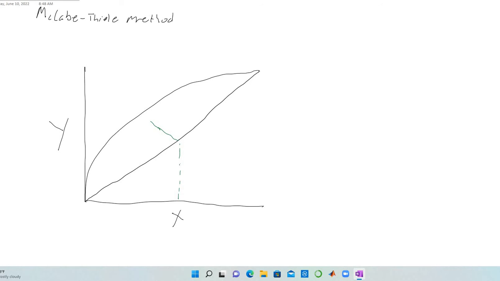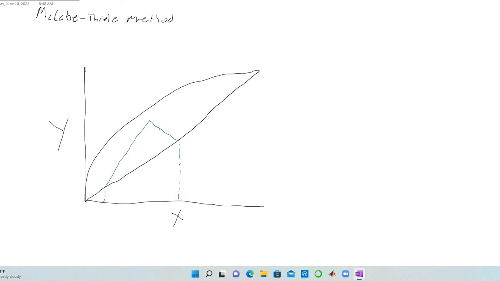Our next line is the stripping section operating line. It's going to start at the bottoms composition. The bottoms is what's coming out of the boiling flask at the bottom of the column. It starts at the 45-degree line, and it's going to go up and intersect the Q line.